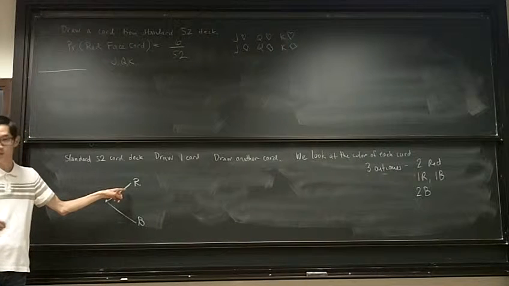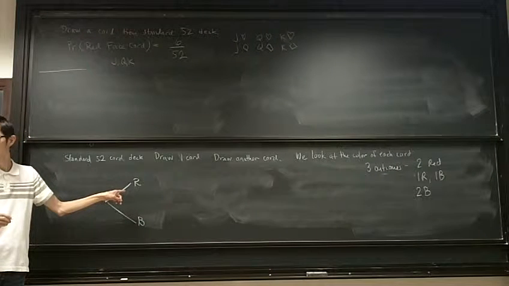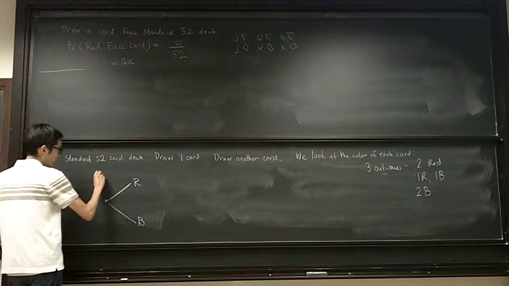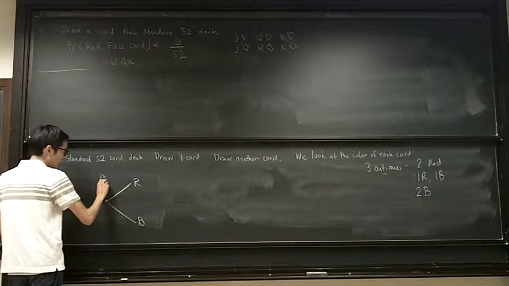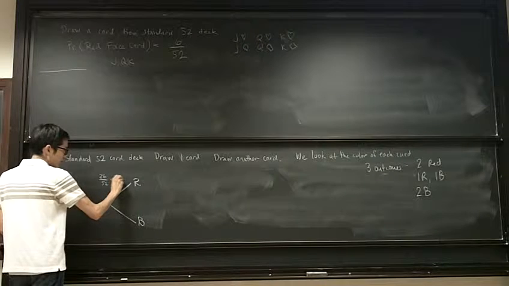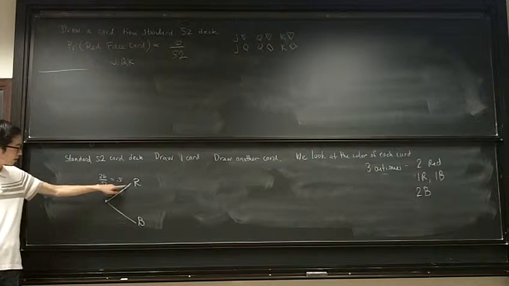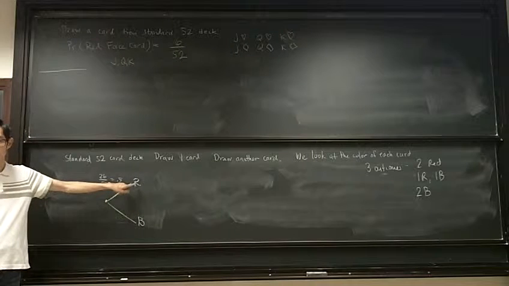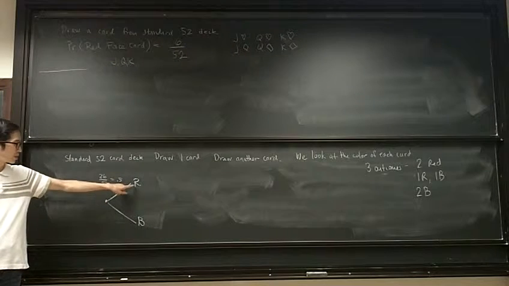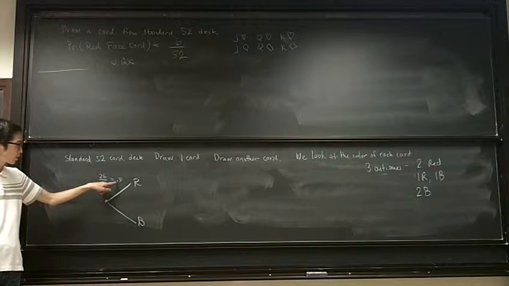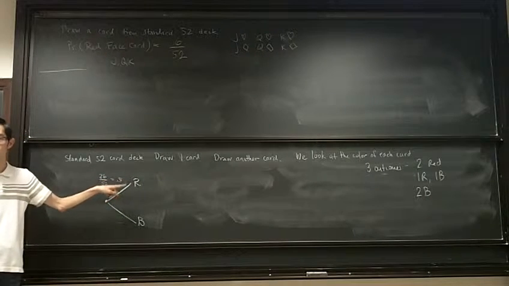What's the probability that it's red? 1 out of 2. So I'm going to write 26 out of 52, which is equal to 0.5. I write the probability of each event along the branch that leads to that possible outcome, red or black.